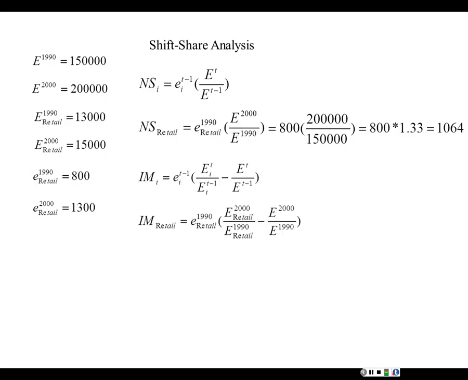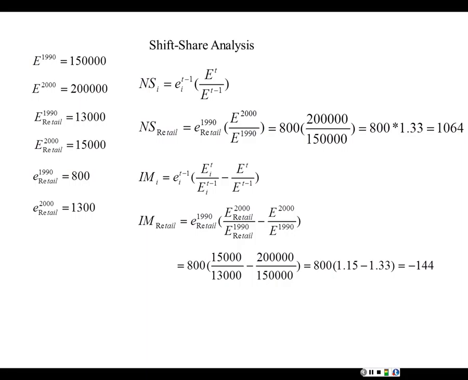And this is the industry mix formula. If you plug in the numbers, here you compare 2 ratios, and one ratio is at the country level, the ratio between 2000 retail employment and 1990 retail employment, and another ratio is the total employment between those 2 time periods. If you plug in the numbers, you will find out the first ratio is 1.15. That means the retail industry in the whole country grew by 15%.